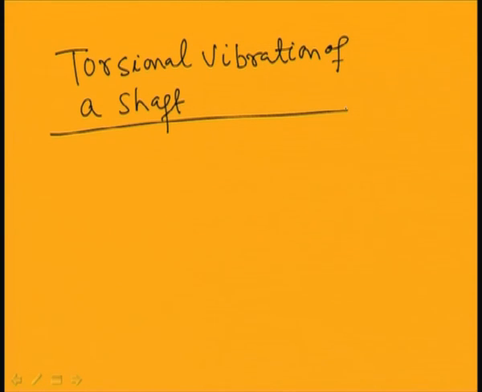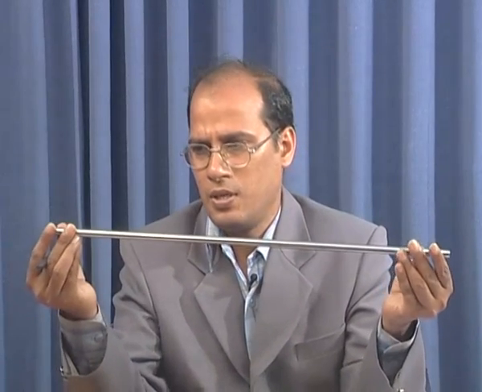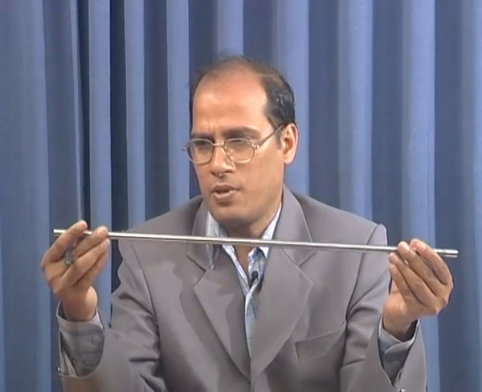When it is coupled at both ends, it may be subjected to some torque, and you already know the equation for torsion in the case of pure torsion.